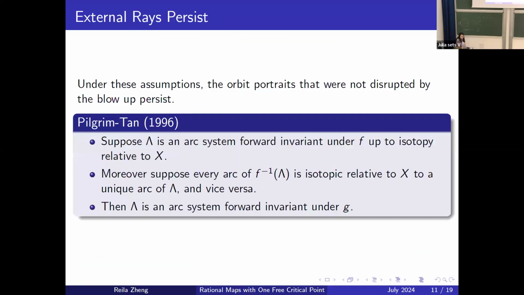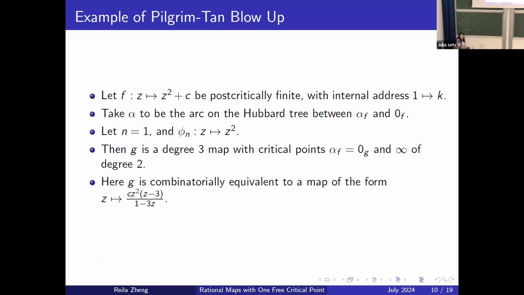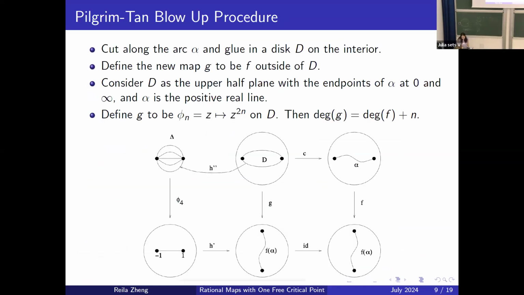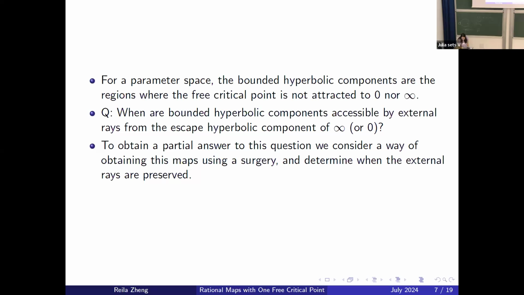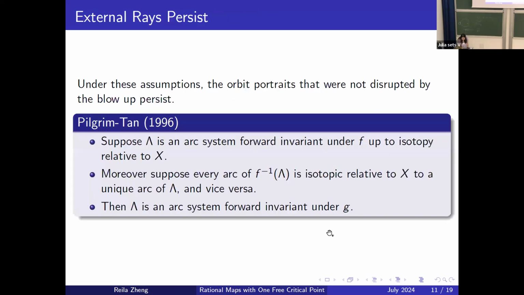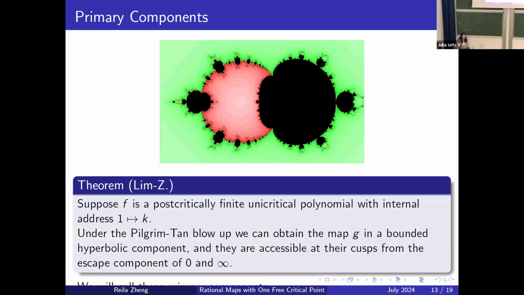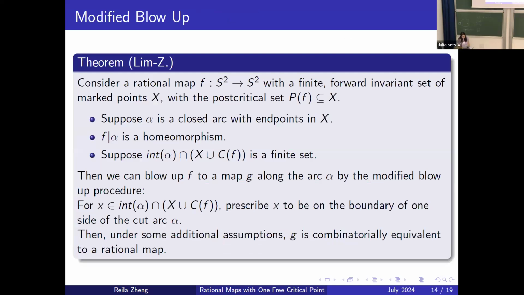Okay. So you can't make the same argument for an arc that has some point in the critical orbit on it, but you can modify the Pilgrim-Tan Lei blow up. I don't know why it's going backwards. Okay, never mind. I figured out how to get to the next slide. Sorry.